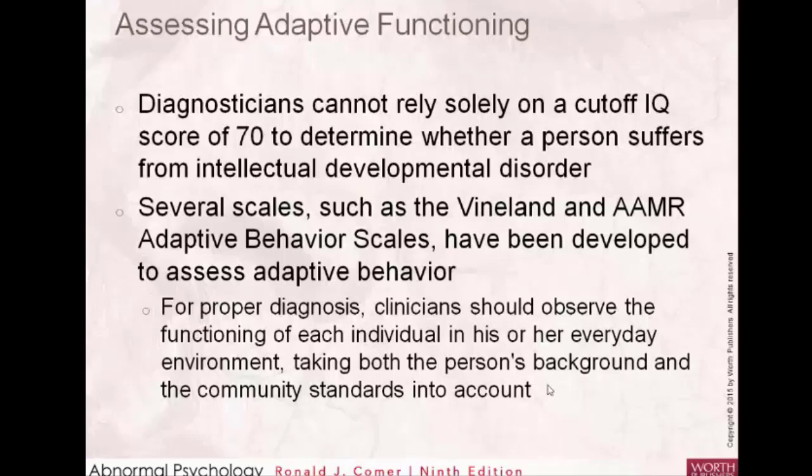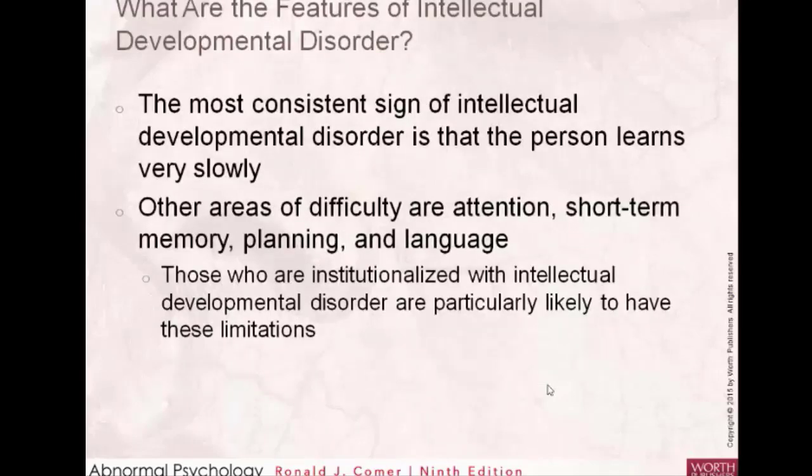So, for example, if a child is not doing certain behaviors, it's possible that it's not because the child is not capable, but just because the parents haven't asked the child to do those behaviors. So taking all of that information into account, you would then make a decision about whether or not a person meets criteria.